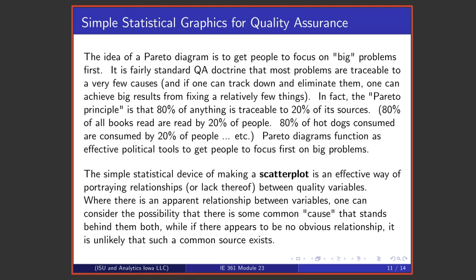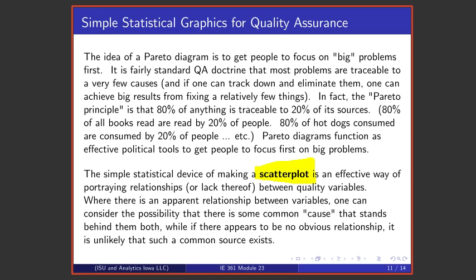So another simple device of statistical graphics that's very effective, very simple, is the simple scatter plot. It's a two-dimensional way of showing the relationship between a pair of variables.